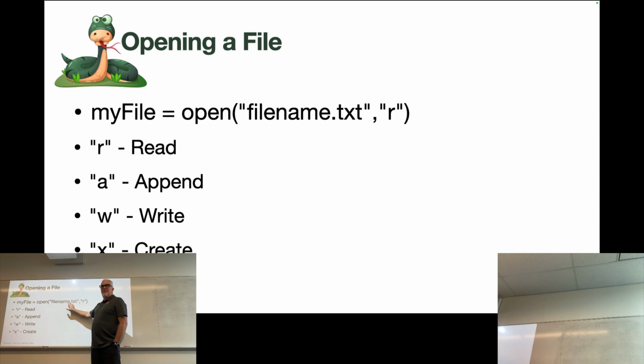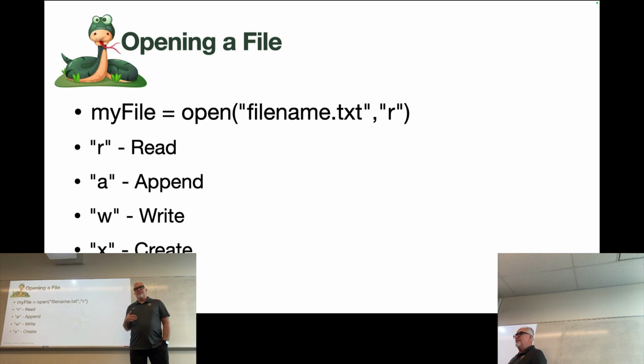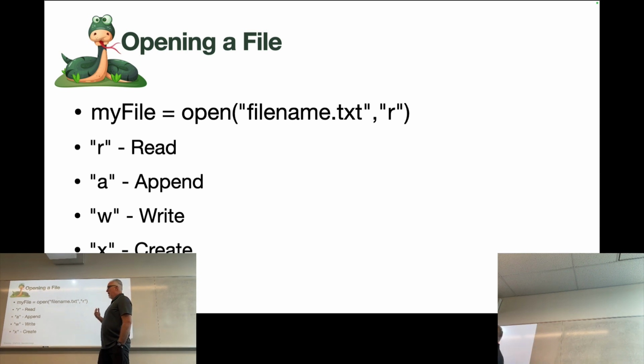I can give it a path that could locate any file on my computer. And in fact, when we get into more advanced work in this class, we will be opening files from different paths. But right now, all the files we're going to work with are just going to be in the directory.